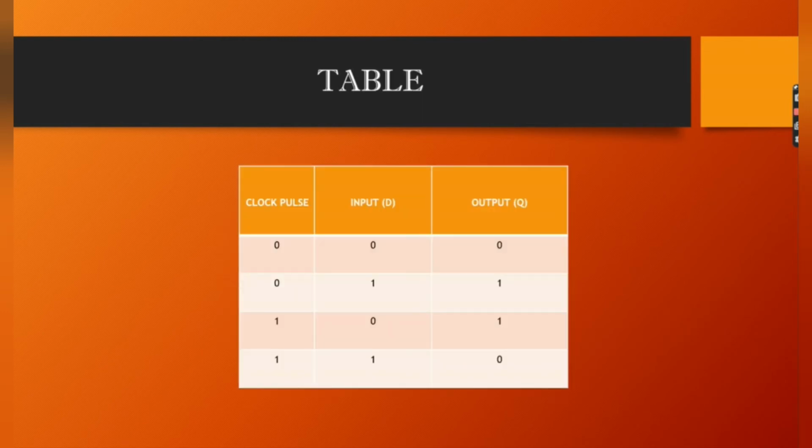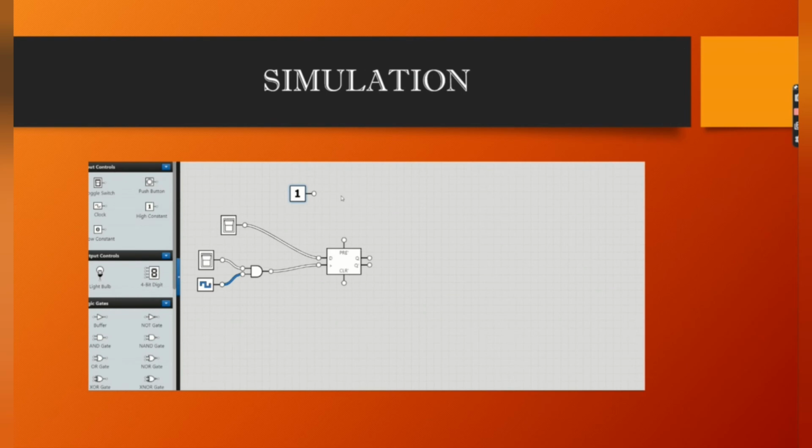Table for D flip-flop: clock pulse, input D, output Q. Working of D flip-flop. Here we can see how the D flip-flop works.